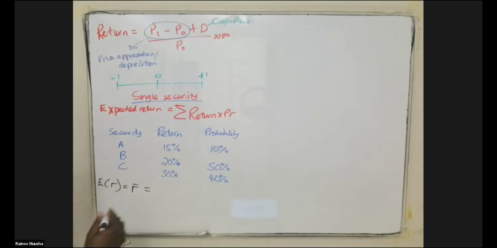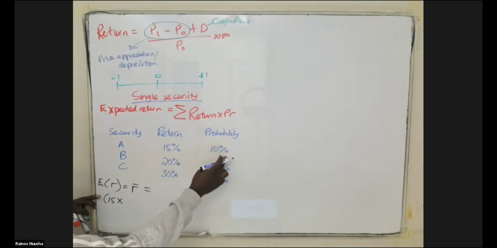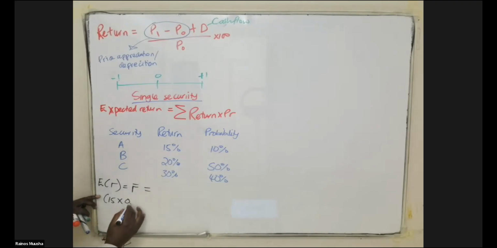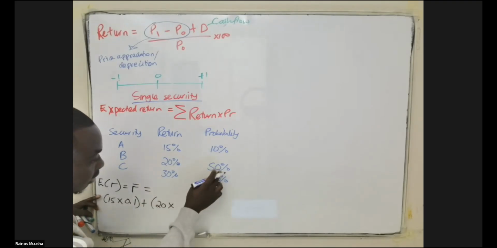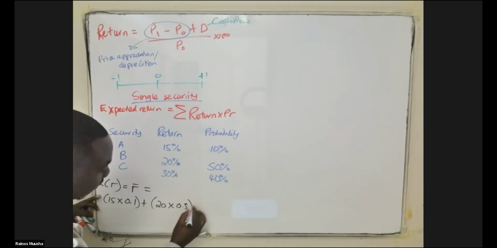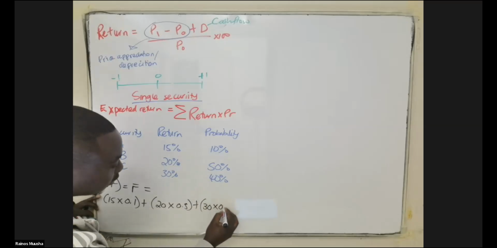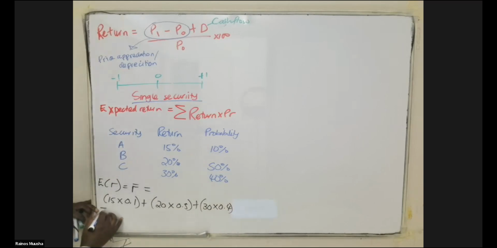It is the sum of: for the first scenario, your return is 15% and the probability is 10%, as a decimal 0.1, plus, for the second scenario, your return is 20 and the probability is 50%, so it's 0.5, plus the next scenario, your return is 30 and the probability is 40%, which is 0.4. So given this information, how much do you get as the expected return of this security?